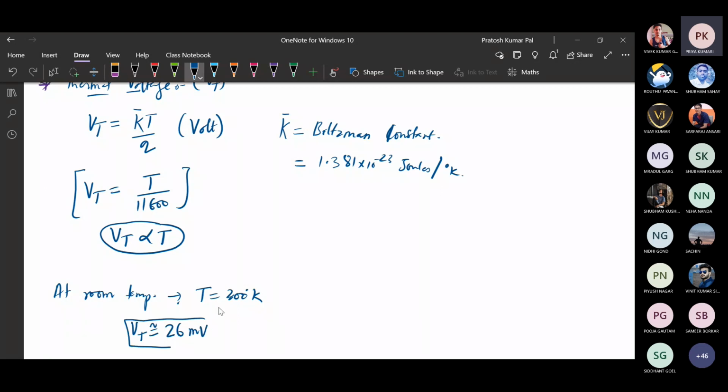Okay, so sometimes even in objective questions this value can be asked, or it can be asked what is the relation of Vt with respect to the temperature. Okay, so this is your thermal voltage.